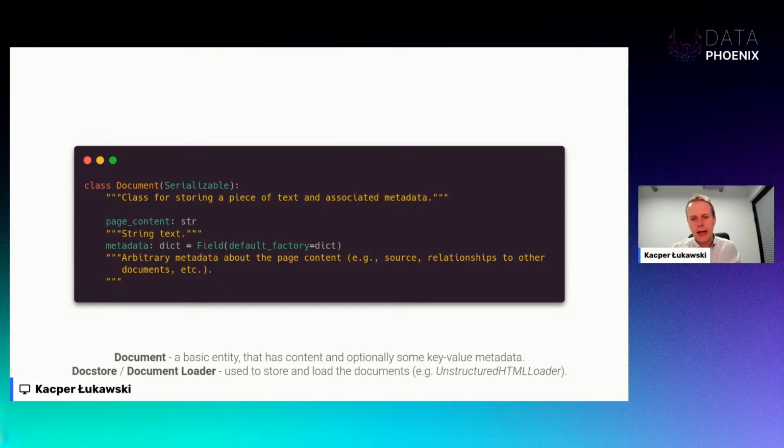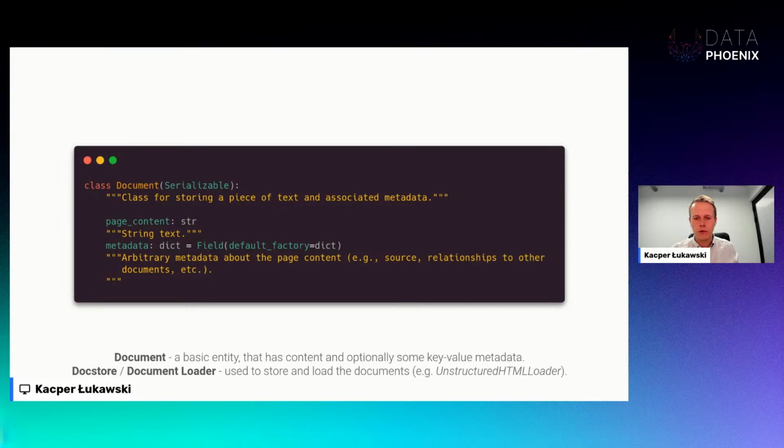The main entity in LangChain is document, and document consists of the content and some metadata information stored along with the content. So basically, the documents might be created on your own, but they are also quite often loaded from some external sources using doc stores, document stores, and document loaders.